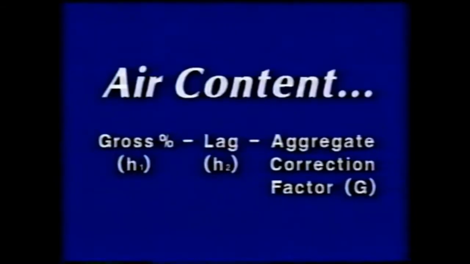This value is the lag, or H sub 2. The air content of the concrete is the gross percentage, H sub 1, minus the lag, H sub 2, minus an aggregate correction factor, G. Determination of the aggregate correction factor using both meters is covered in T152.